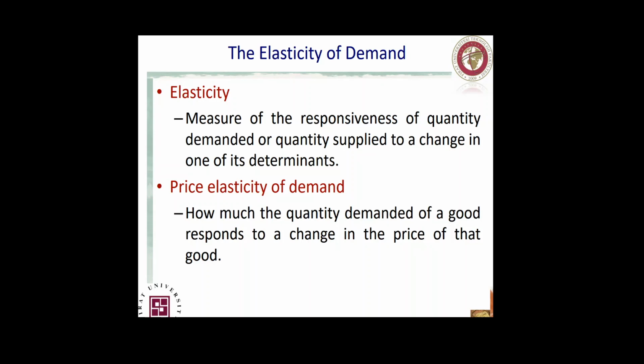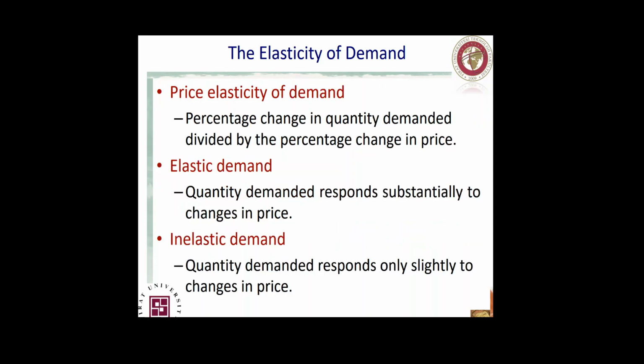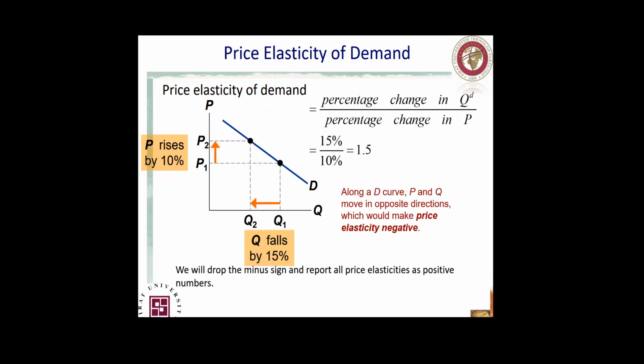That's the price elasticity of demand, and we speak about the demand here. So this is exactly the idea: the percentage change of the quantity demanded divided by the percentage change of the price. I can show you in a graph soon enough. I'll get back to the slides now.